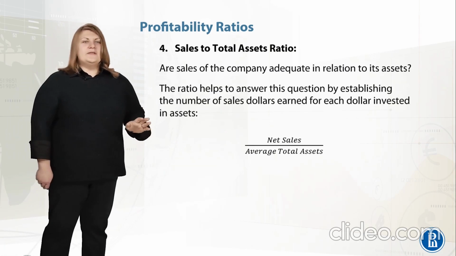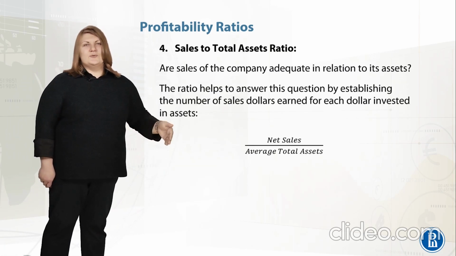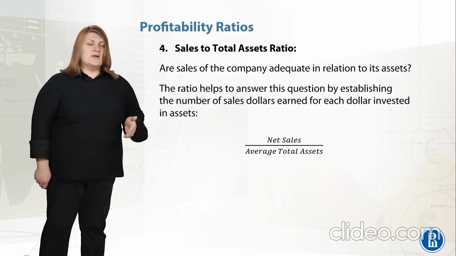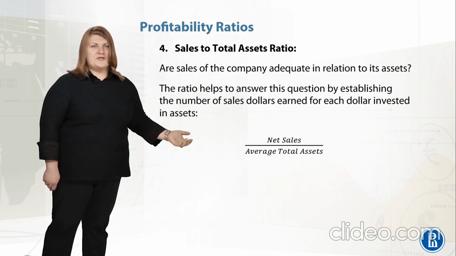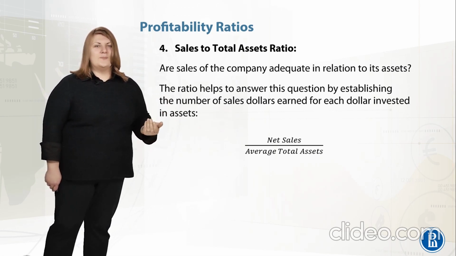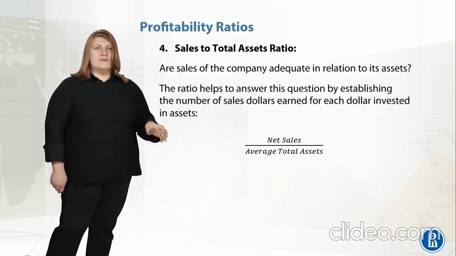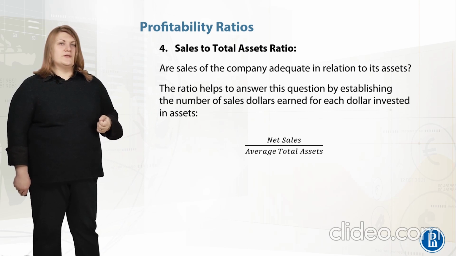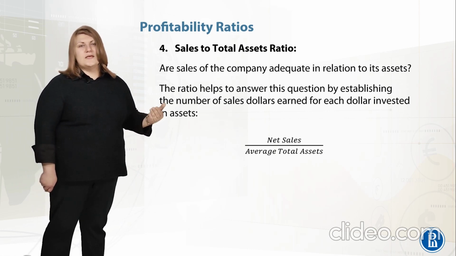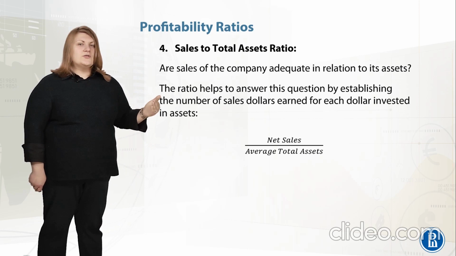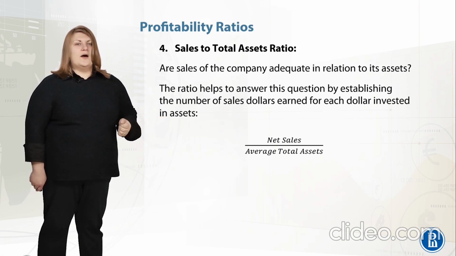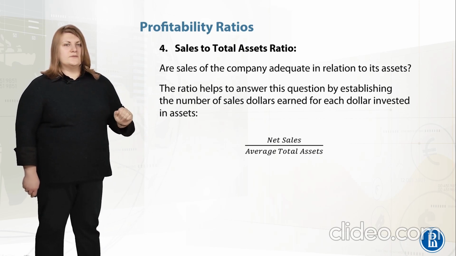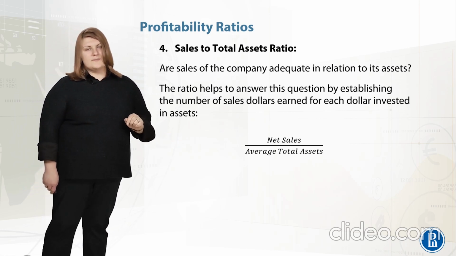Another type of profitability ratios is sales to total assets ratio. This ratio will help us to answer the main question of each analyst: are sales of the company adequate in relation to its assets? This ratio helps us to answer this question by establishing the amount of sales earned for each invested amount of money in assets, and can be represented as net sales over the average total assets.